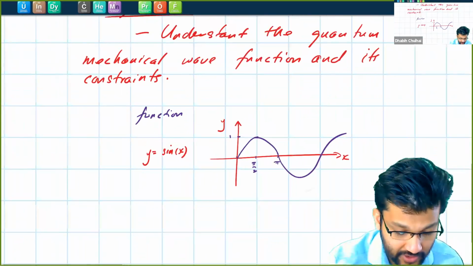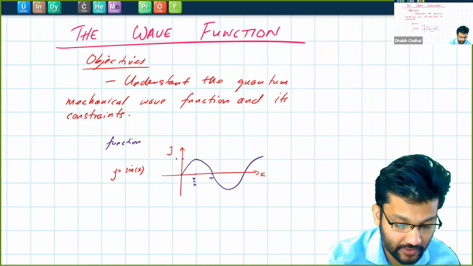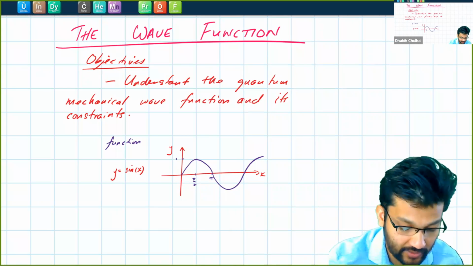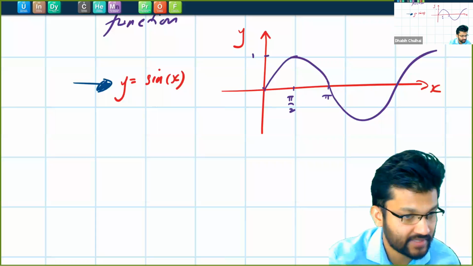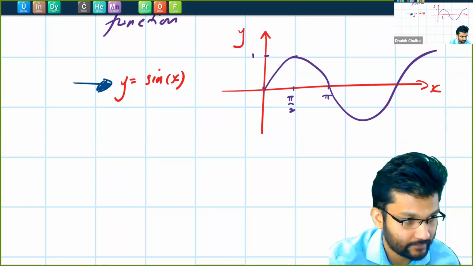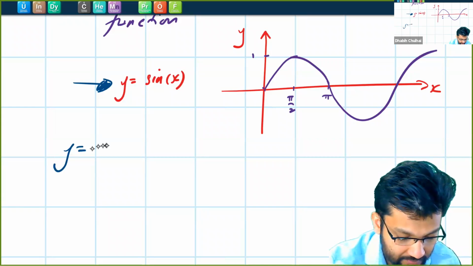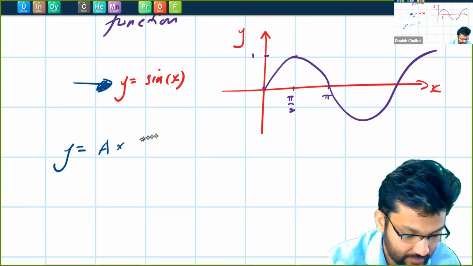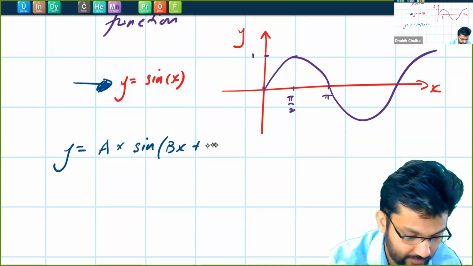A wave function is really no different. A wave function is just any function, or any wave-like function, that can describe what we're looking at. And in particular, you can build wave functions from sine waves. The way we go about doing that might be something like this, where we take the sine wave and just multiply it by things to change it in various ways.